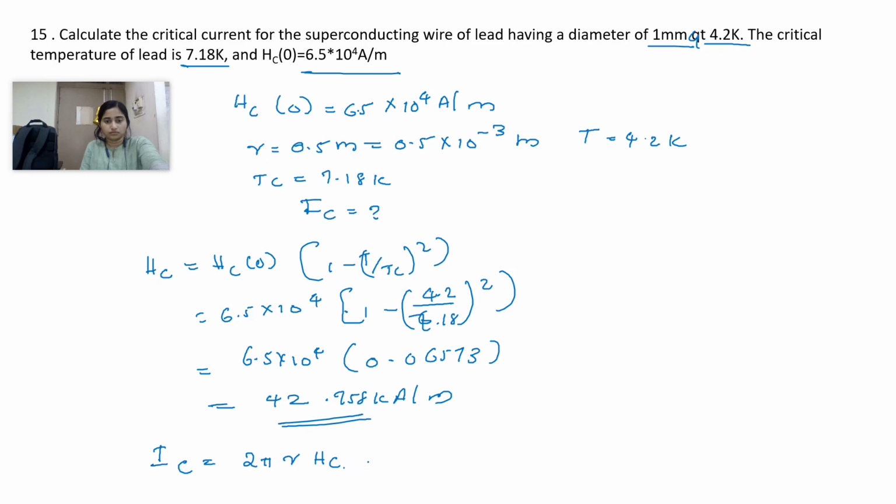Here if you substitute the values, you will get 2 times 3.14 times radius 0.5 times 10 to the power minus 3 times 42.758 times 10 to the power 3. So substitute it here, then you will get the answer 134.26 ampere. So this will be the answer for it.